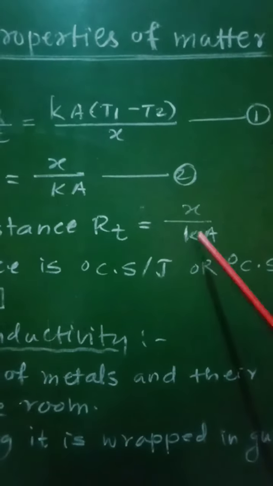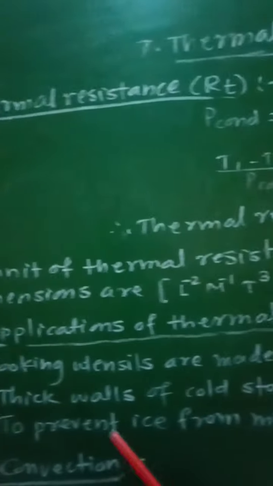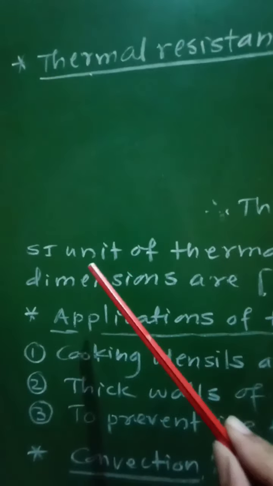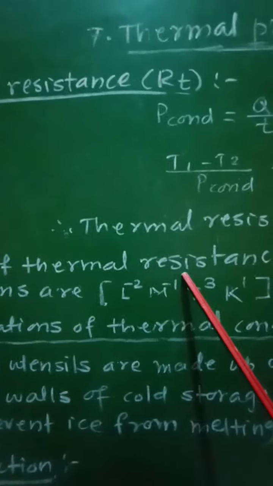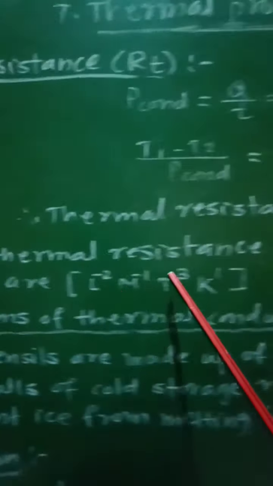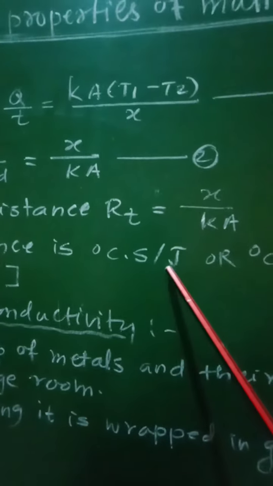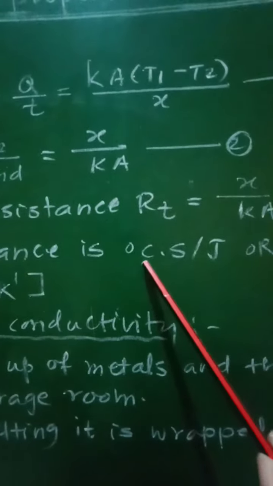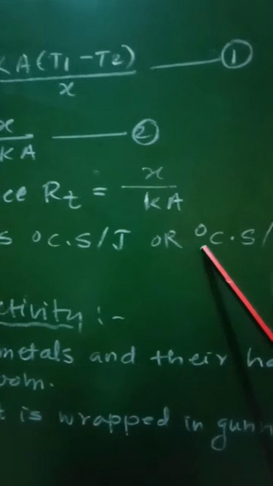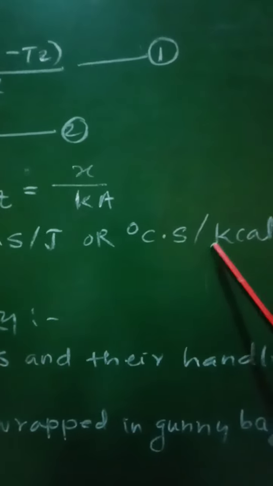Now, the SI unit of thermal resistance is degree Celsius second per joule, or degree Celsius second per kilocalorie.